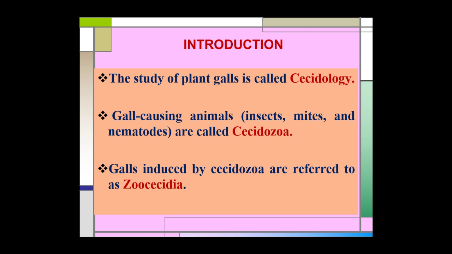The study of plant galls is called cecidology. The gall causing animals, insects, mites, and nematodes are called cecidozoa, and galls induced by cecidozoa are referred to as zoocecidia.